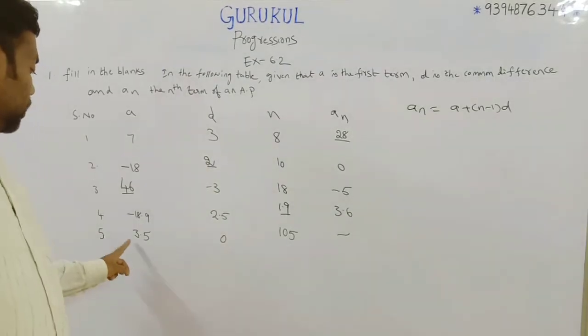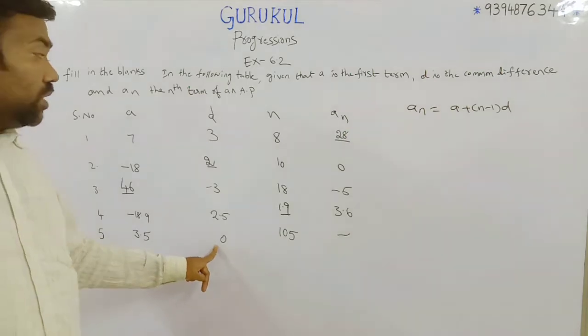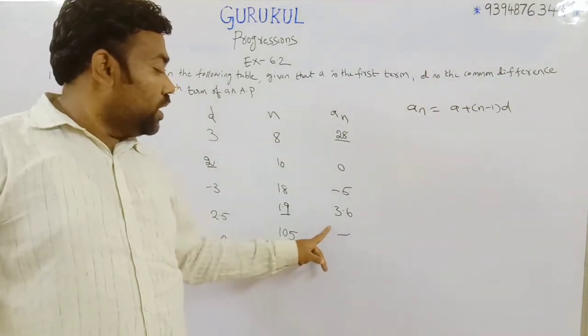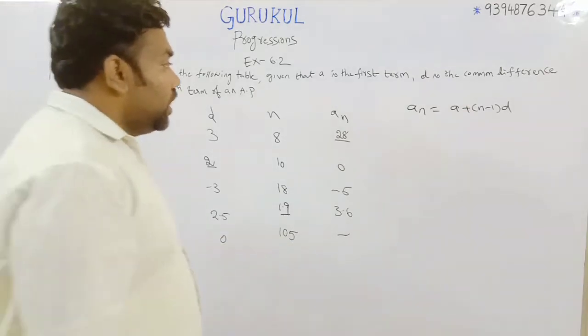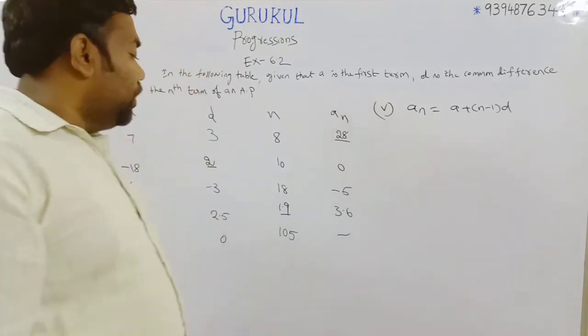Fifth one. Here first term is 3.5. Common difference d equal to 0. n equal to 105. Now we find the value an. So an equal to a plus n minus 1 into d.